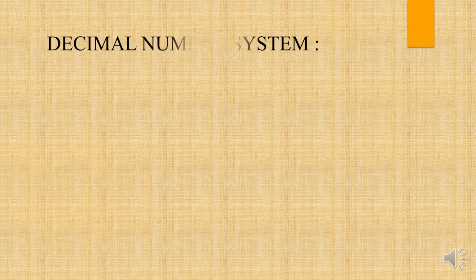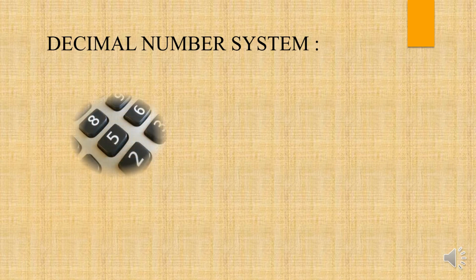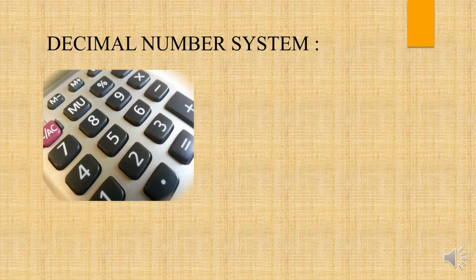So now we will see the first one, that is the decimal number system. Okay, so as I have already told, we use the decimal number system in our day-to-day life, like for calculating anything, for measuring anything. Okay, so we can say that generally if we are doing some calculation, we use the decimal number system.